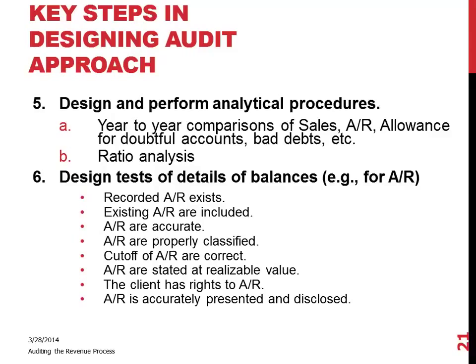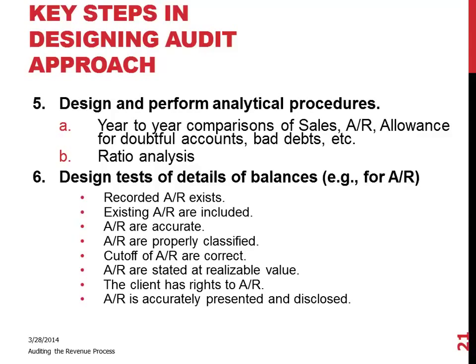And the reason I say usually is because if you can't rely on controls, you're not going to test controls, and you're going to perform more tests of transactions, and you're going to increase your sample size and the scope of testing. But normally under situations where you can rely on internal controls, you're going to perform tests of transactions and tests of controls simultaneously, and there are many instances where your test of controls will also provide you evidence about the transactions. So that's what we call a dual purpose test.